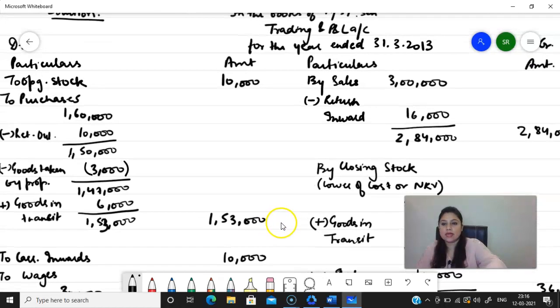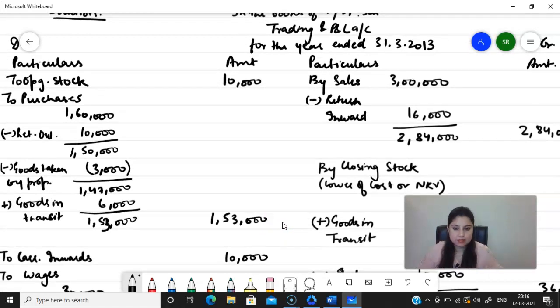So let us take a look at the total of the debit side, and the debit side total is 10,000 plus 1,53,000.